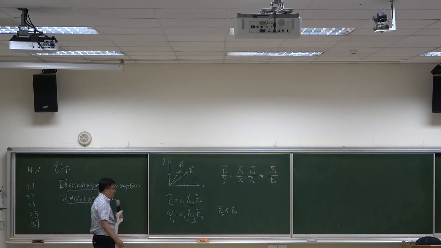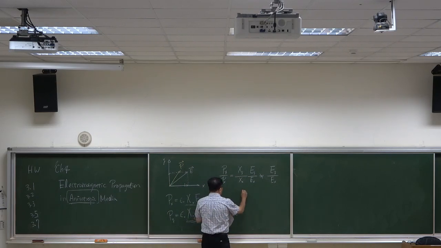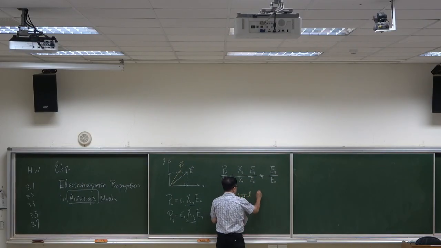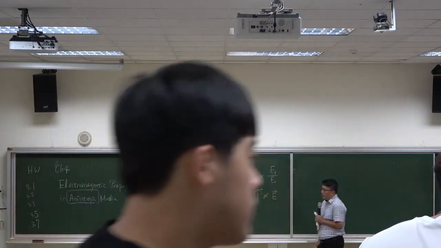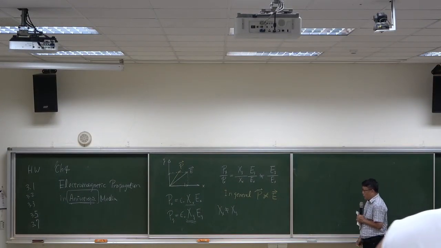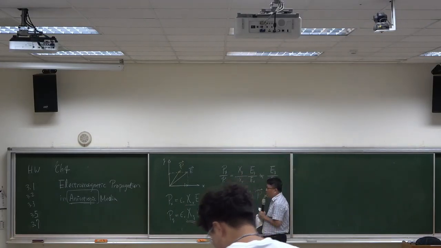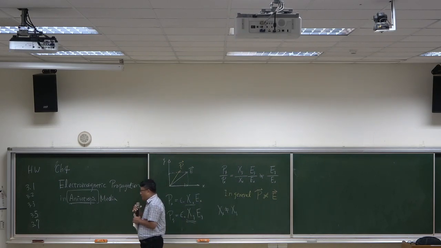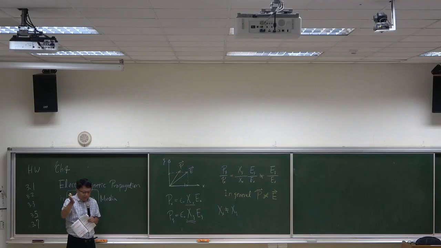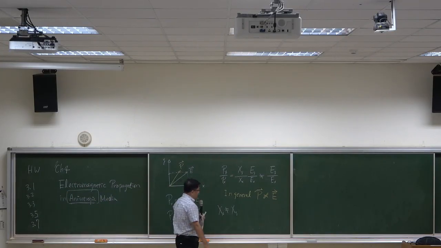Okay. This means that, in general, the P vector is not parallel to the E vector, for this anisotropic medium. For isotropic medium, we have no such problem because for isotropic medium, we have a common chi factor here. Okay, so you will always get the P vector along the same direction as the E vector.